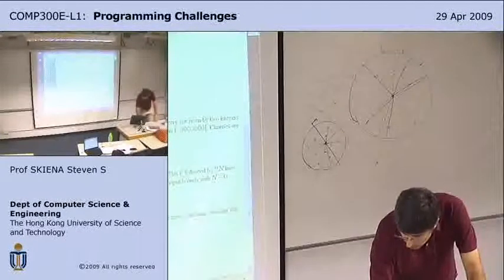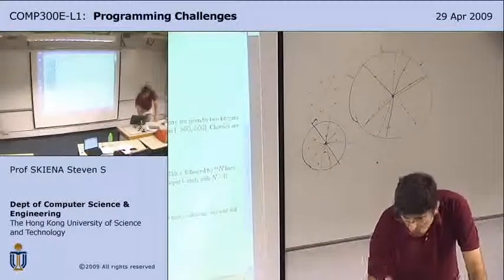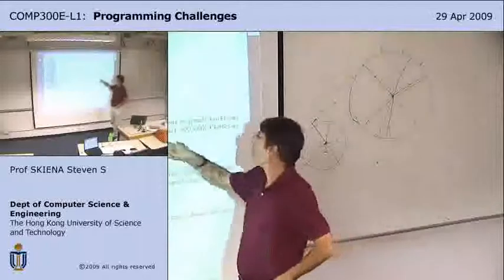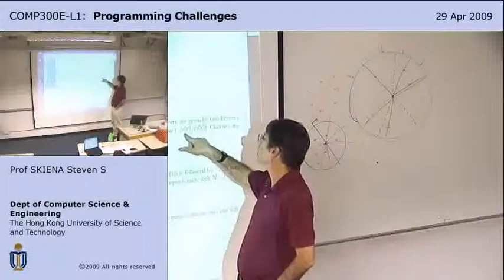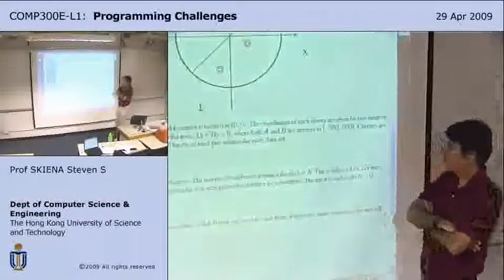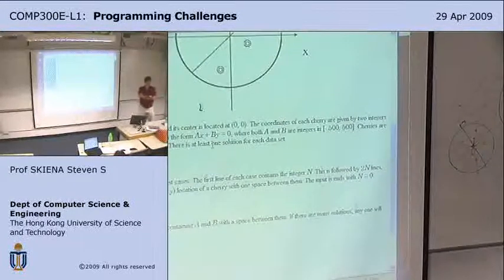It tells us that the lines must be of the form ax plus by. That's not a problem. But a and b have to be integers in the range minus 500 to 500. Okay? I think we'll just switch all the lines. Let's think about that.